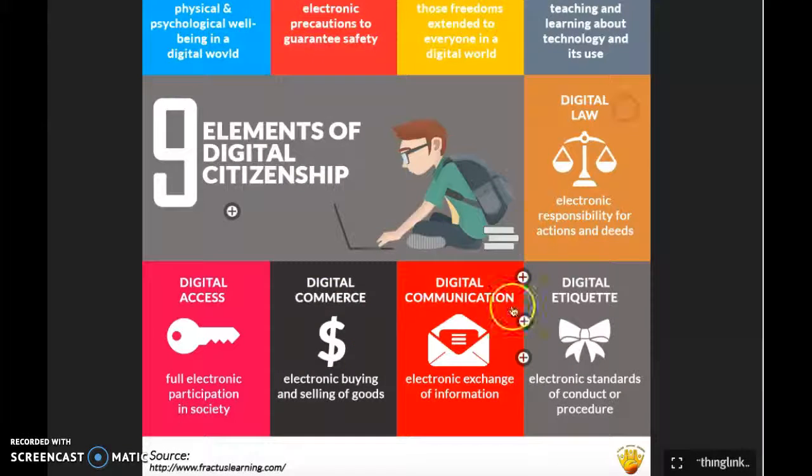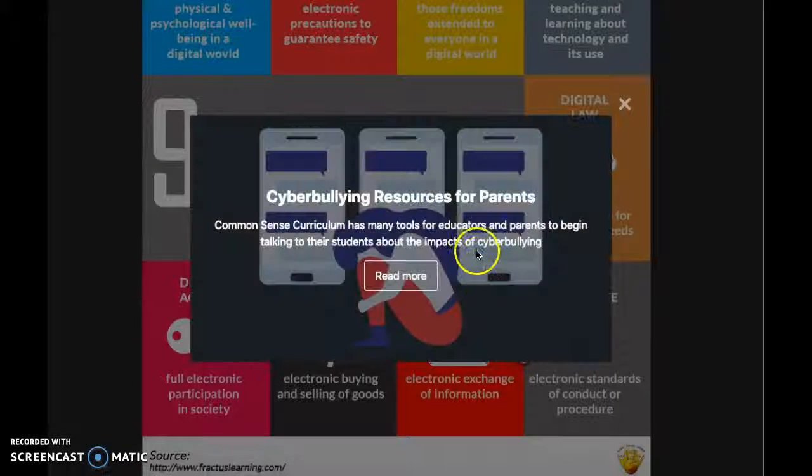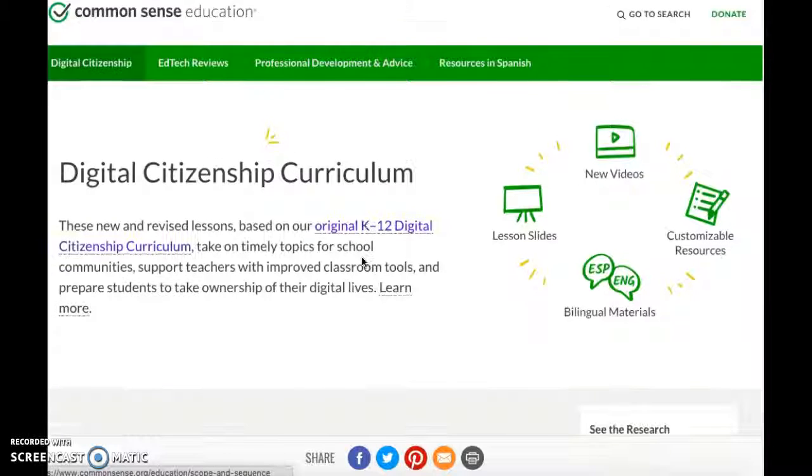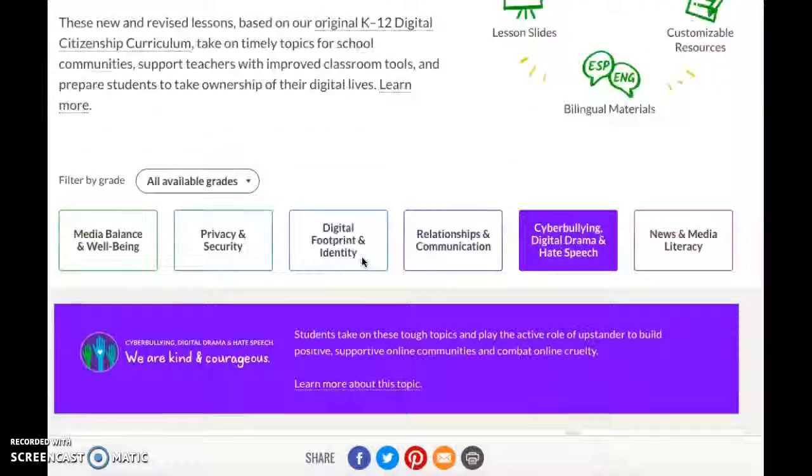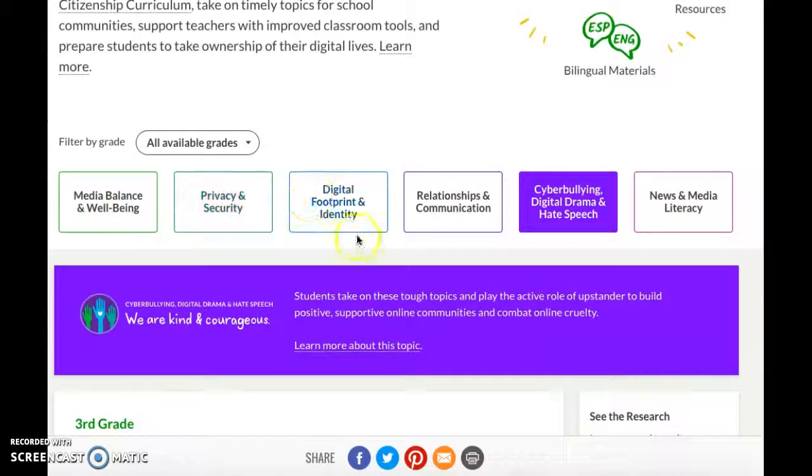And the second source I have provided here is called Cyberbullying Resources for Parents, and it is from Common Sense Curriculum. And this, again, has many different sites, but the one I have given specifically, you can kind of toggle between these different topics: well-being, privacy and security, digital footprint and identity, like I talked about.